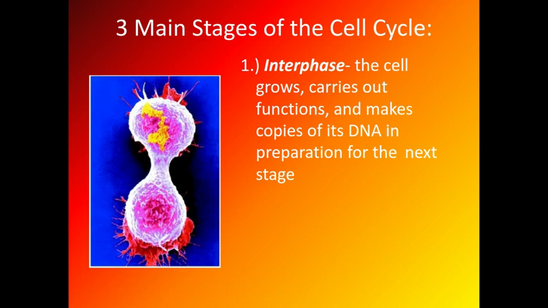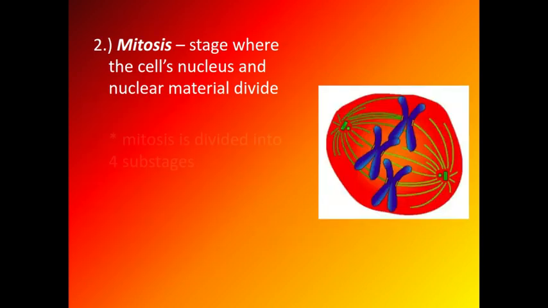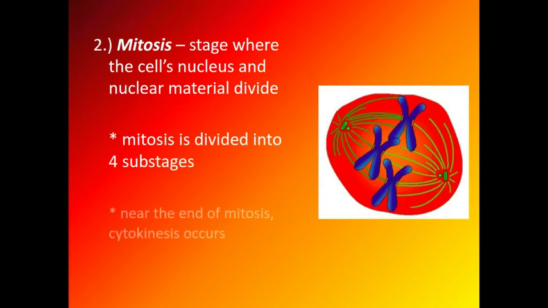This is where the cell grows, it carries out all the functions, makes copies of the DNA to prepare for the next stage. And it's divided into three substages, which we filled out on your chart. So I'll kind of skim through these. Mitosis is a stage that has four substages, and we'll go through those in a bit.